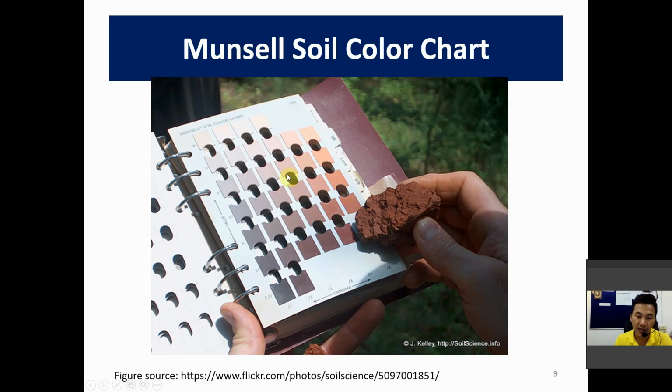The book itself has a hole here. So if you have a moist soil sample ready, you just bring it behind this page, match the color with the standard color here, and you can state the soil color code right away. So it's pretty easy to use and to identify your soil color.